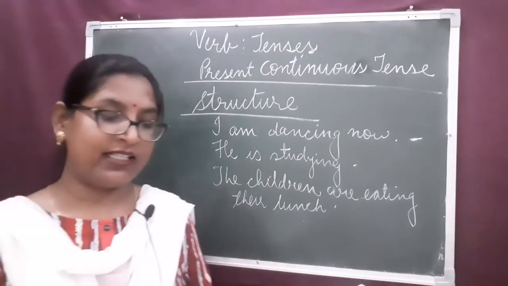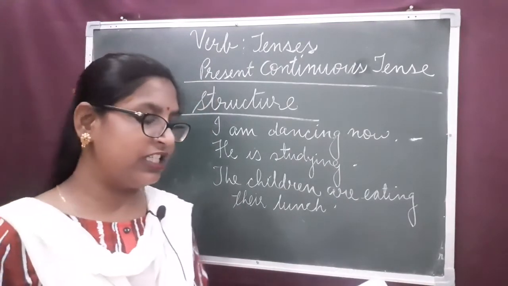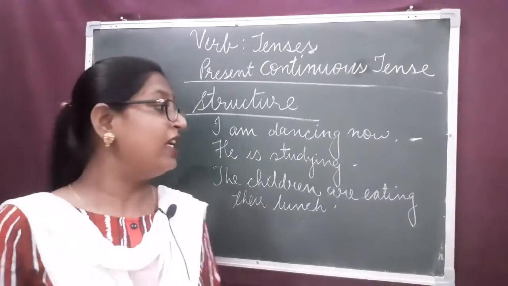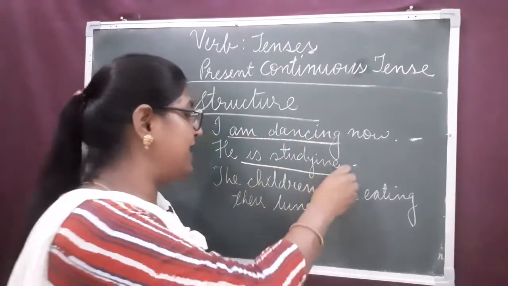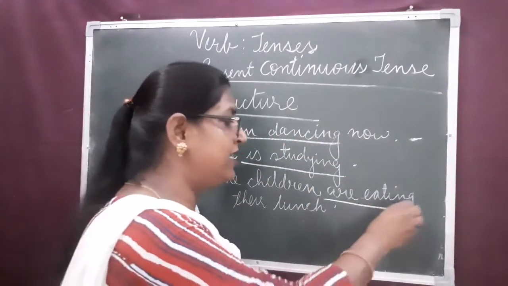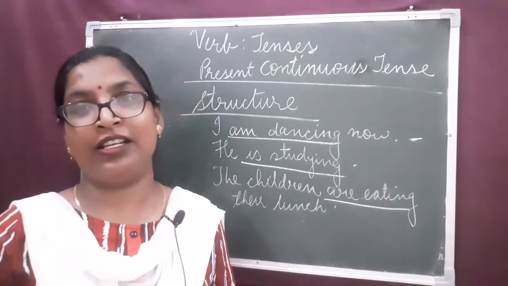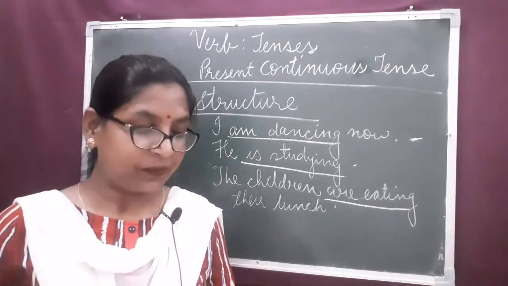In each sentence, a group of words is used to indicate a continuity of action in the present. What are they? Am dancing, is studying, are eating. All these words tell us that the action is in continuity. Action is going on.